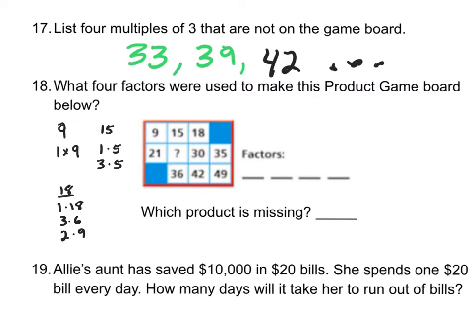I think I've got them. Let's do 21. 1 times 21, 3 times 7. This is great practice. 30 is a whopper. 1 times 30, 2 times 15, 3 times 10.